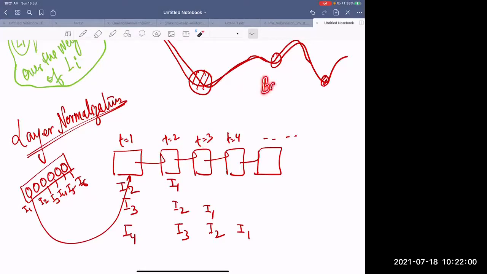In the case of LSTMs and RNNs, the back propagation is happening in time. That's going to be the truncated back propagation in time. And here what is going to happen is that I just take a layer and see whatever this guy has seen till now, it doesn't matter batch or whatever, what it actually has seen so far, and normalize it.